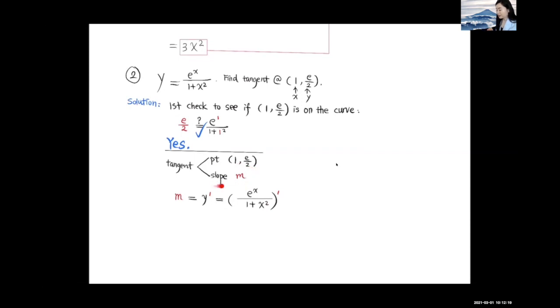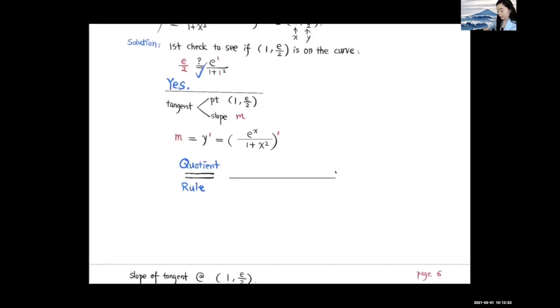The slope of the curve corresponds to the first derivative of the function. So we're going to differentiate this function, okay? Now what kind of rule do I need to use to differentiate this? Quotient rule? Yeah. So we use the quotient rule. Okay. So according to the quotient rule, we'll square the denominator.